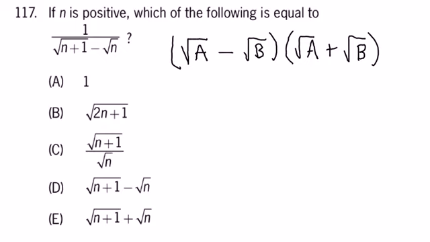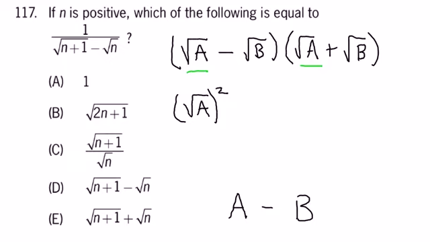I'm going to distribute this out step by step just so you can see what happens, but I'll also go ahead and give you the answer right away. The answer is going to be A minus B. Now, square root of A times the square root of A is the square root of A squared.